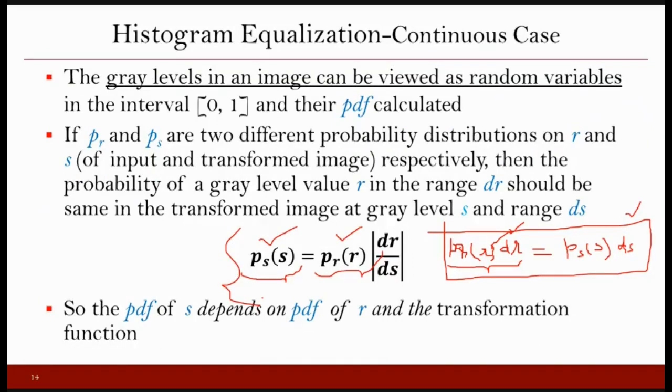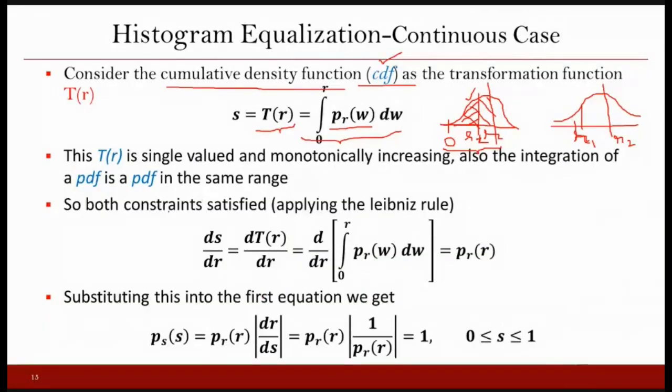To show that we have to use this equation. In this equation, what is the requirement? We should have the ds by dr value. So let us try to compute that value. We'll compute ds by dr, and then we'll take the reciprocal of that to get dr by ds. So what is the value of ds by dr here? To get that value, you can just differentiate it. So ds by dr is nothing but d by dr of TR, which is nothing but d by dr of this integral.